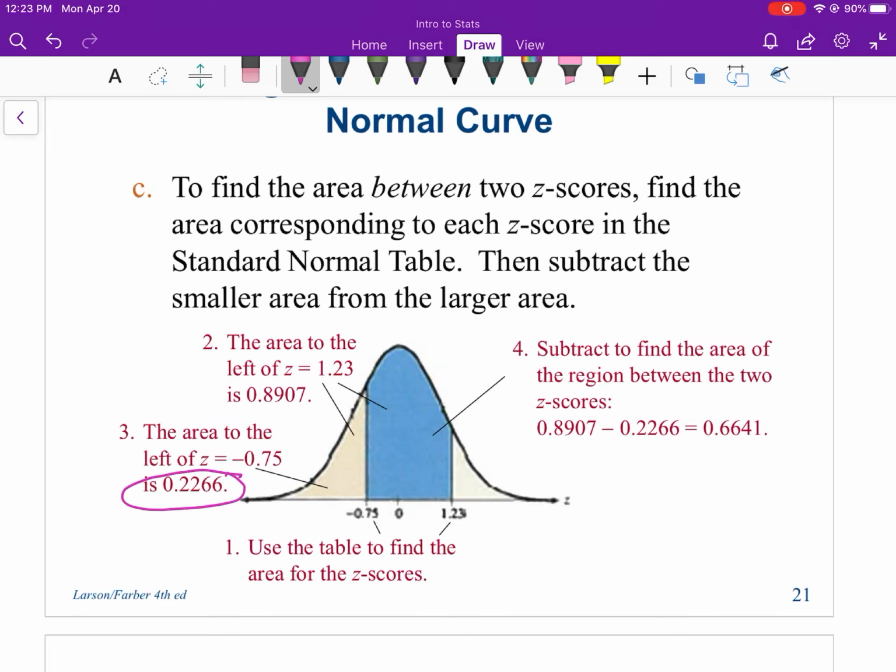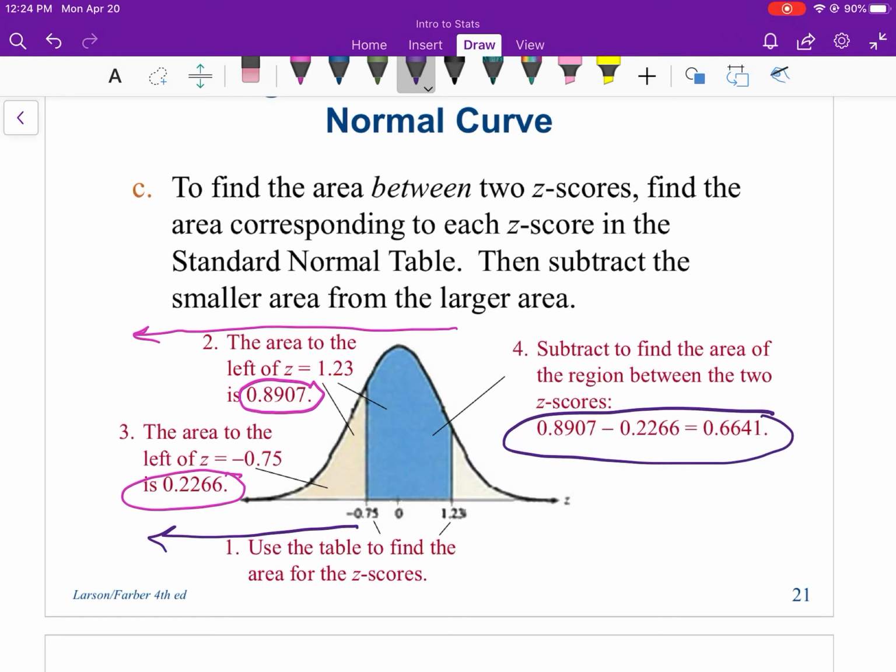The area to the left of 1.23, so that's all of this, is 0.8907. We look both of those up in the table, and then subtract those two areas, and you'll have the blue, which is what's in between.